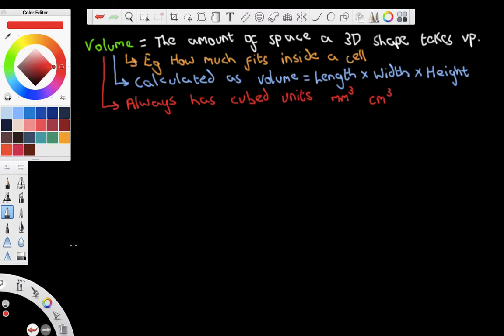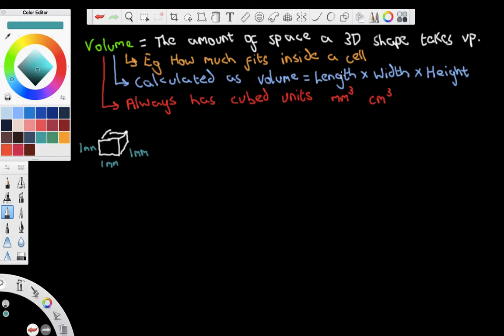So let's see if we can work out the volume of some cubes. If we've got a cube, and I'm going to go again for my nice easy 1 millimetre even sides. So our width is 1 millimetre, our height is 1 millimetre, and our length or our depth is 1 millimetre.